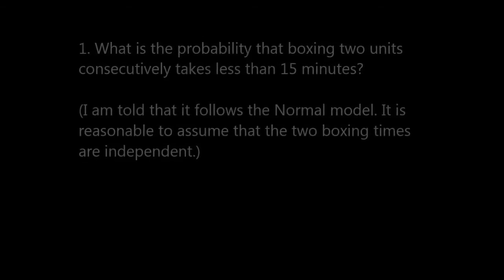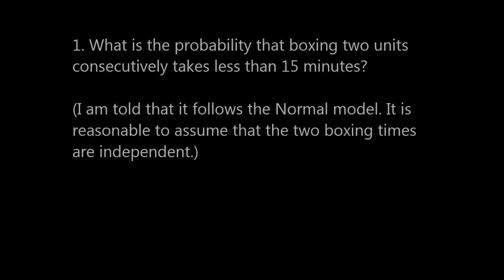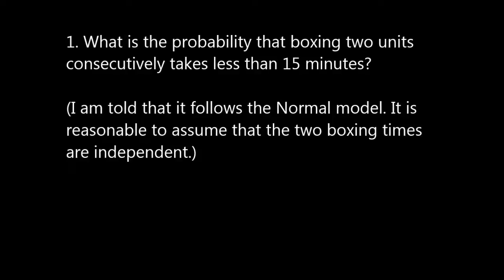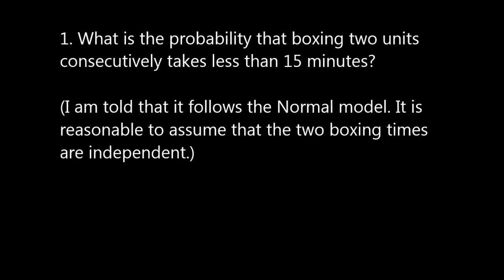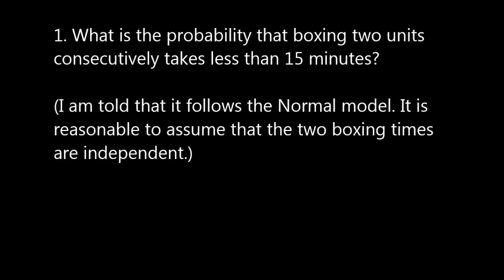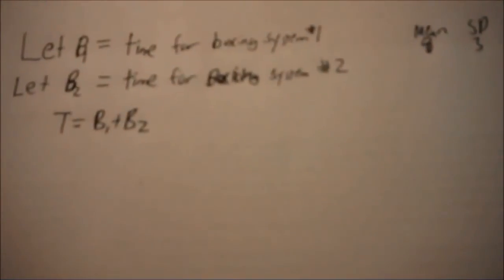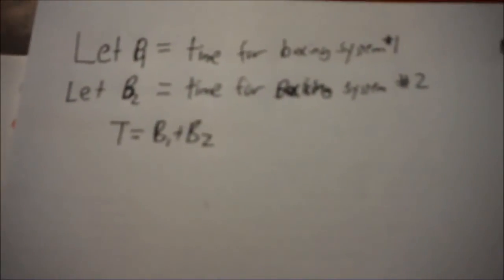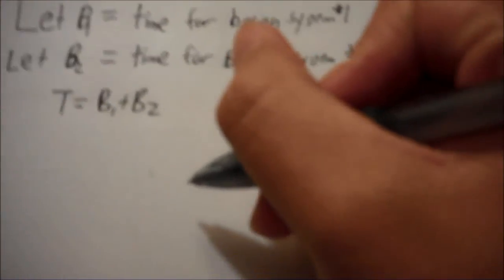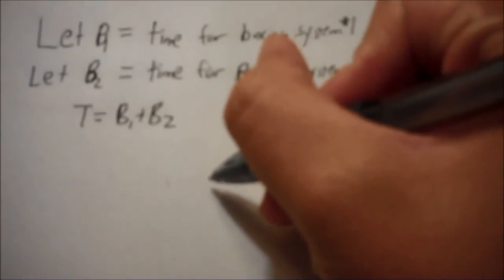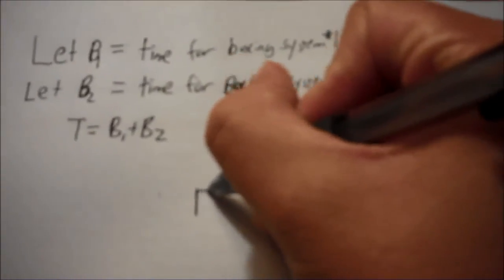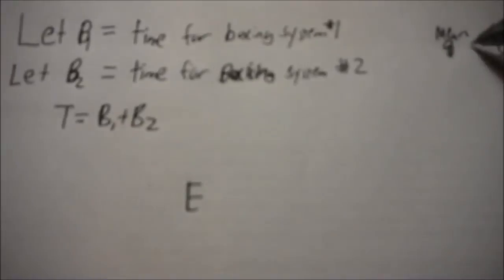Now, let's solve a few problems. What is the probability that boxing 2 units consecutively takes less than 15 minutes? So first, we define our terms, which I've already done here. And then we find the expected value, which is sort of a given, I'd say, because the expected value is the mean, so we were given the mean already.